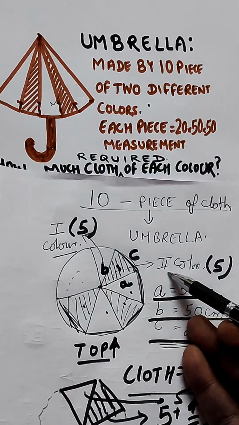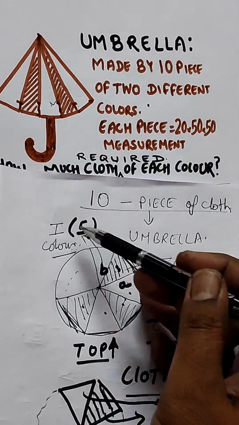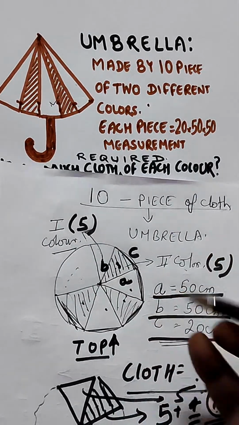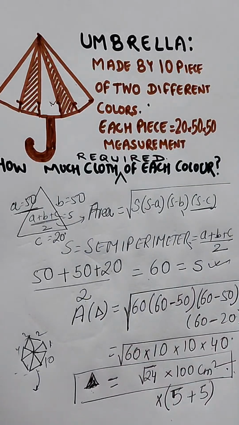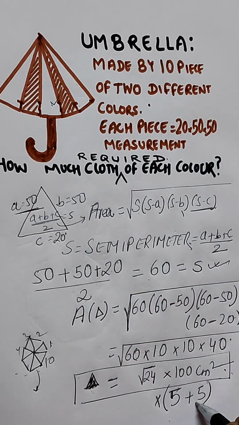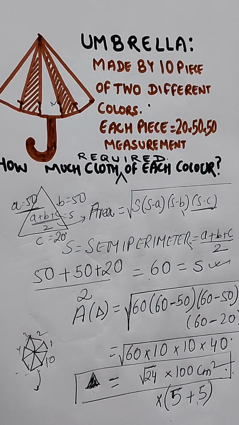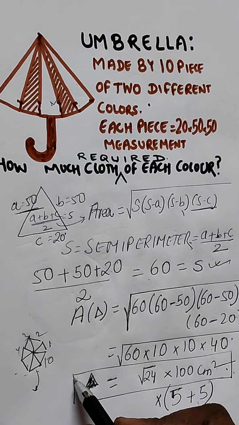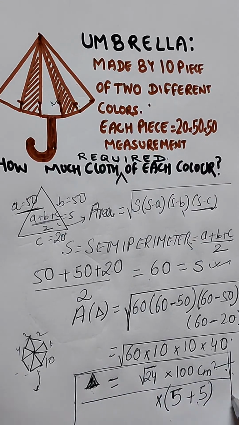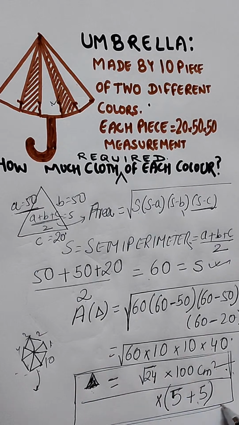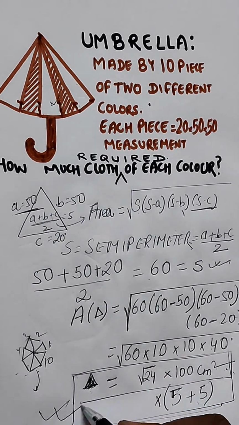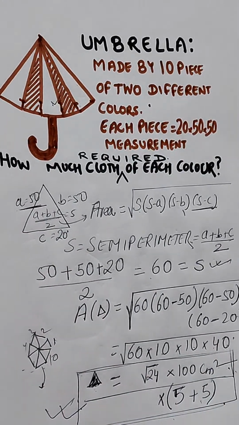You can see this was the colored one and this is the blank. So total 5 plus 5, 10. So this will be multiplied by 10, and this will give you the area of the entire cloth used in stitching this umbrella, right? So in this way we have solved it, right?